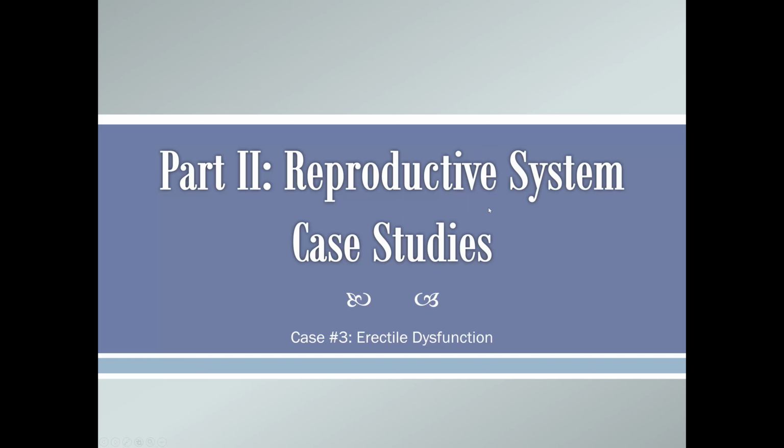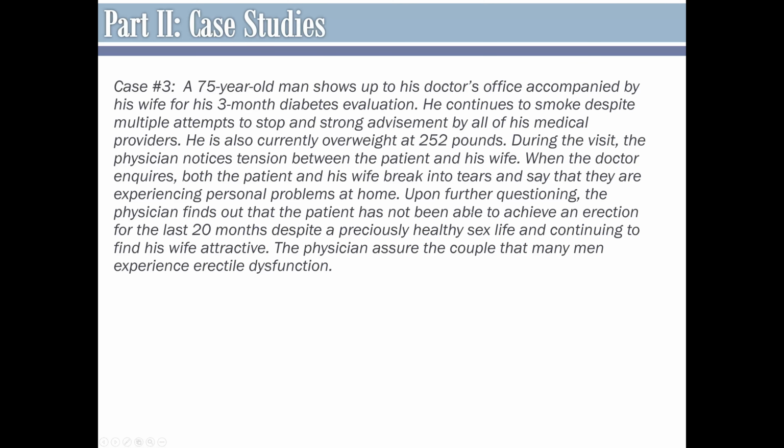So part 2, case number 3, erectile dysfunction. A 75-year-old man shows up to his doctor's office accompanied by his wife for his 3-month diabetes evaluation. He continues to smoke despite multiple attempts to stop and strong advisement by all of his medical providers. He is also currently overweight at 252 pounds.